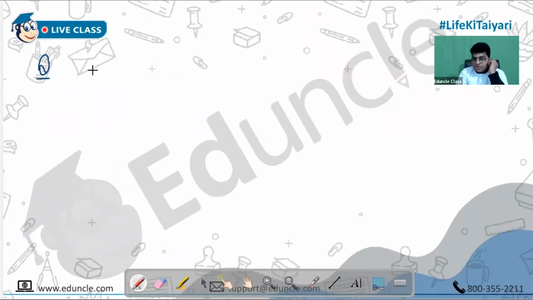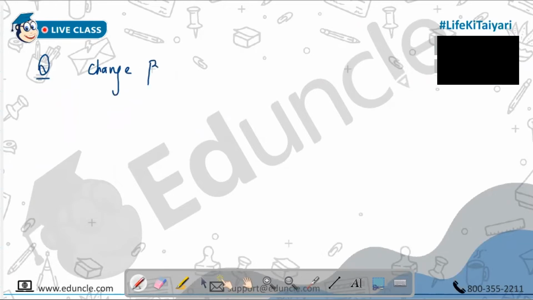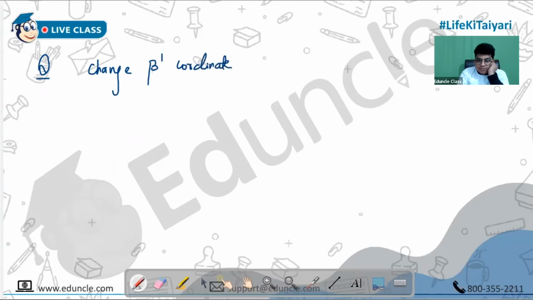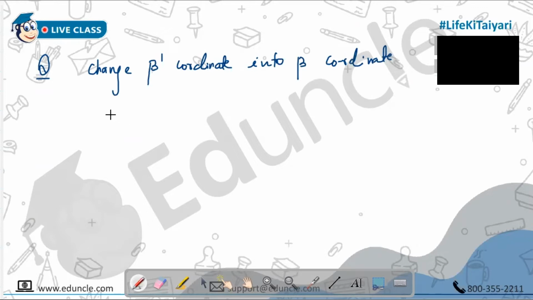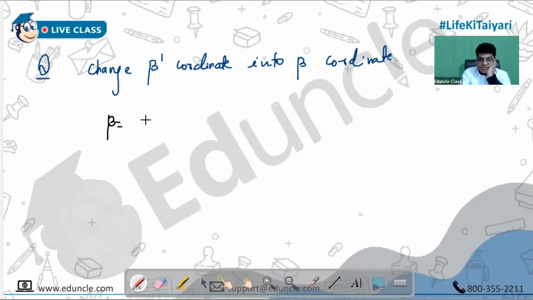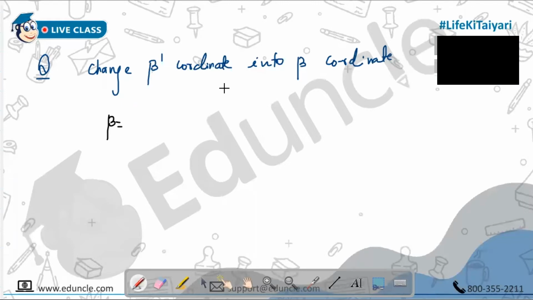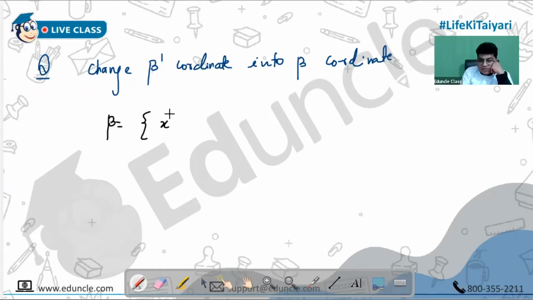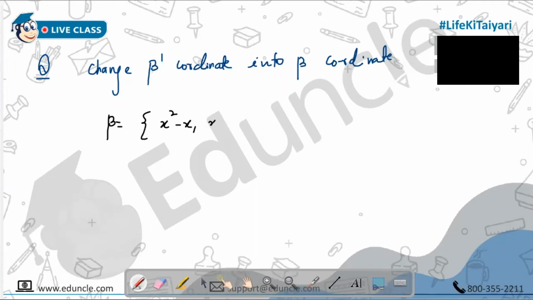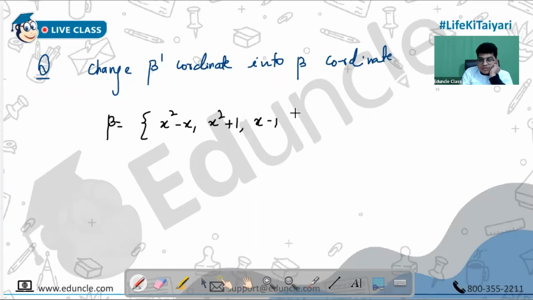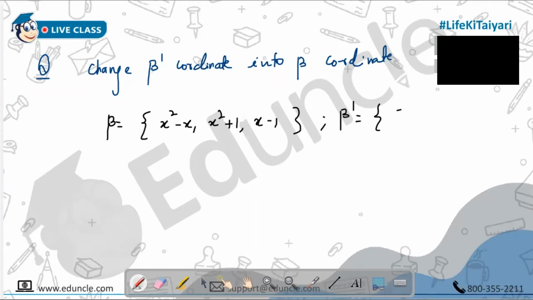Beta is x square minus x, x square minus x square plus 1, and x minus 1. And beta dash is 5x square minus 2x minus 3, minus 2x square plus 5x plus 5, and 2x square minus x minus 3.